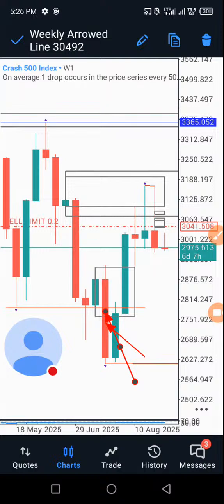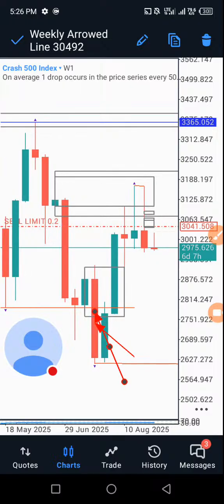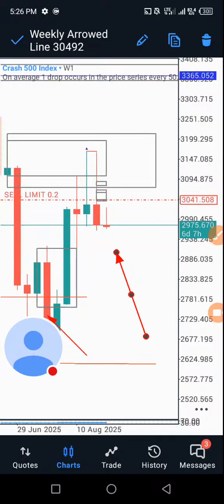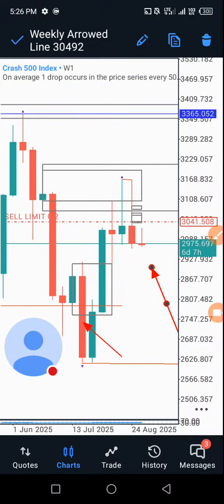Okay, so once you are done with the break of structure, what we now want to look at, just like we were saying yesterday, is the reaction of the individual candles after the break of structure. Okay, how do the candles react after the market has broken structure, right?